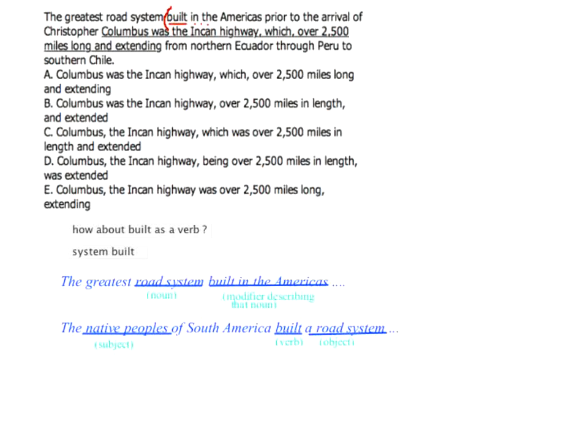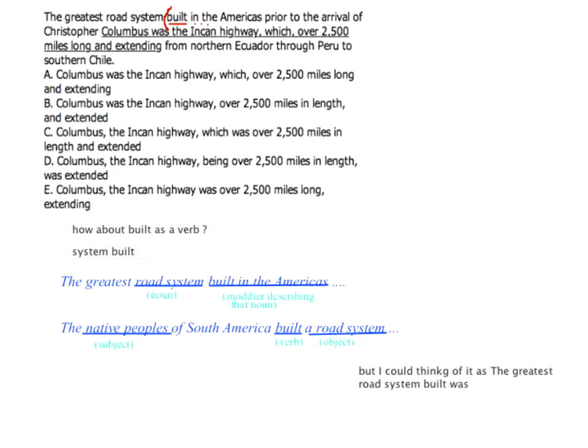If you had any question about built, Janine, I could think of it as the greatest road system built was. Even then, this is still not a verb.